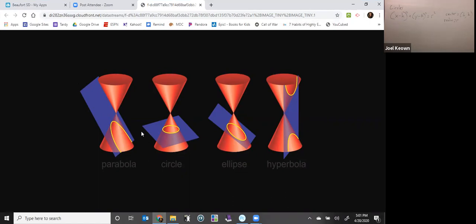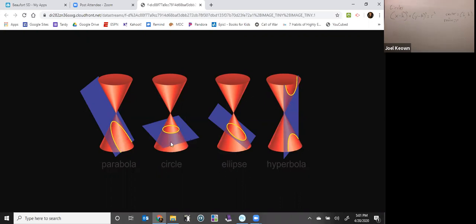If I slice it exactly horizontally, it makes a circle. If I slice it at an angle, but not so much that I go off the end like the parabola does, it makes an ellipse. And if I slice it vertically, I get basically 2 opposite facing parabolas, which we call a hyperbola. So these are the 4 different ways I can slice the conical surface, and that's why these are our 4 conic sections.